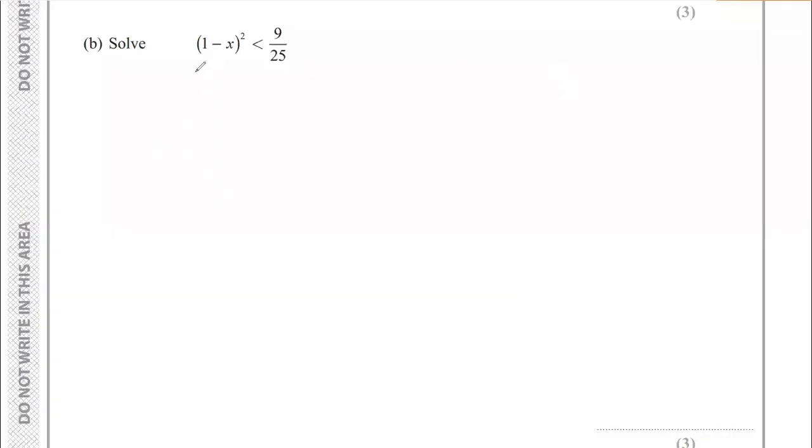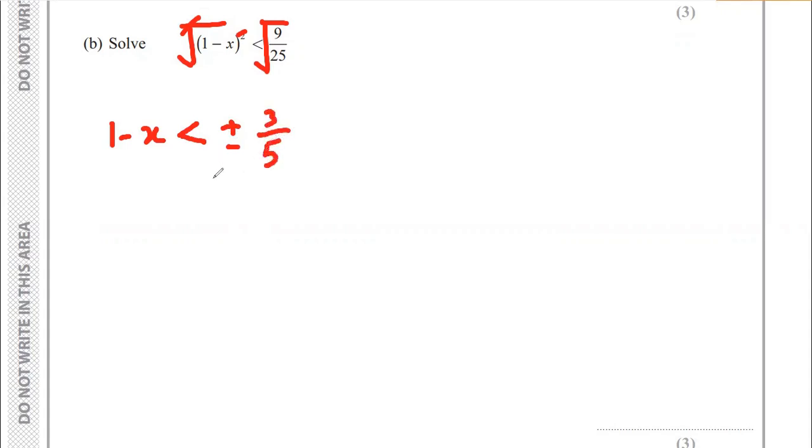Question 18 part B. Solve this inequality. We can square root both sides. And when we square root, square and square root get cancelled. So we get 1 minus x on this side, and that is plus or minus the square root of 9 over 25, which is 3/5.